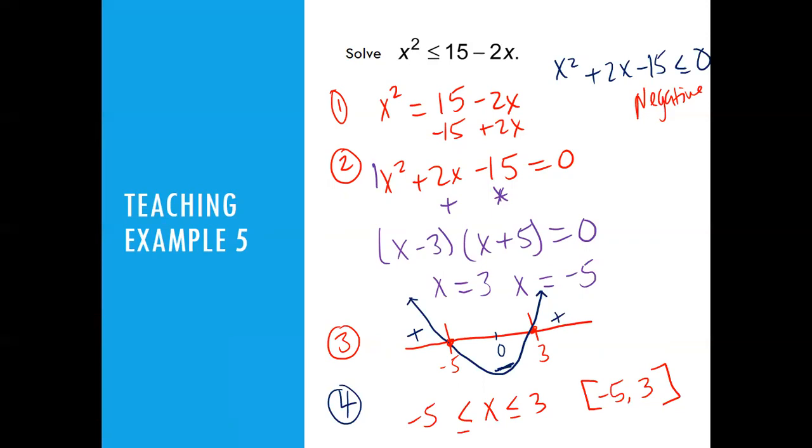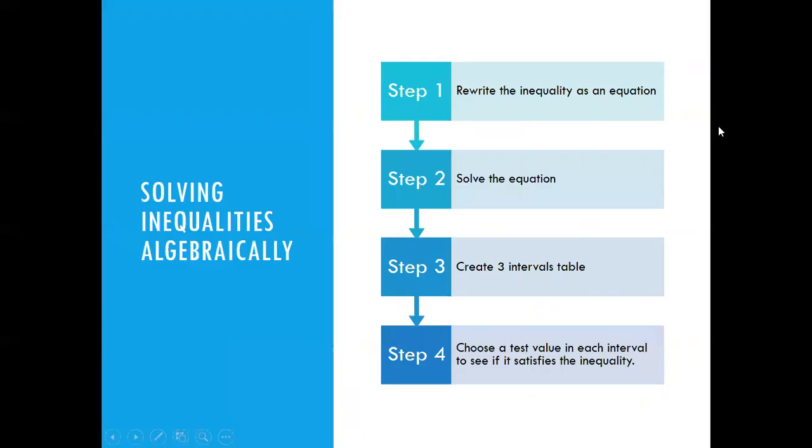So yesterday we talked about writing it as an equation, graphing it in the calculator, finding your x-intercepts. But as you can see, you can beat the calculator too. Okay. So again, the steps that we followed. We rewrote the inequality as an equation. We solved the equation.